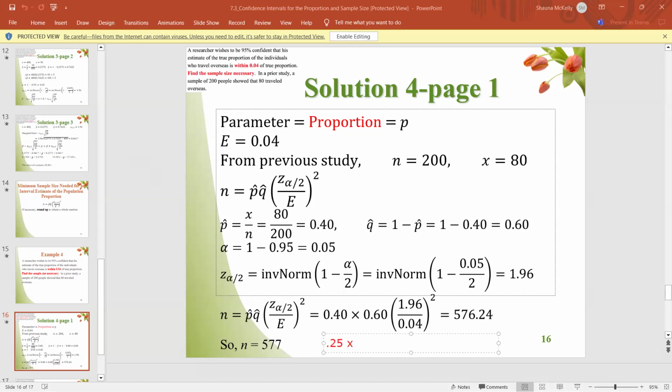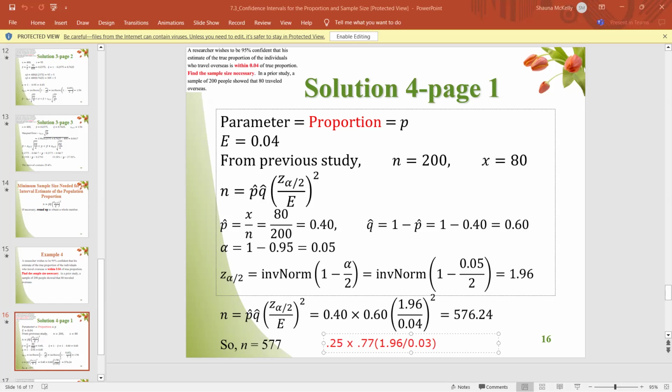I just want you to have the benefit of the formula. P hat is 0.25 because remember we had 25% that use a satellite receiver. Q hat is 75%, 1 minus 0.25. Our Z is 1.96, because again, we have the confidence interval, and our error is 3 percentage points.